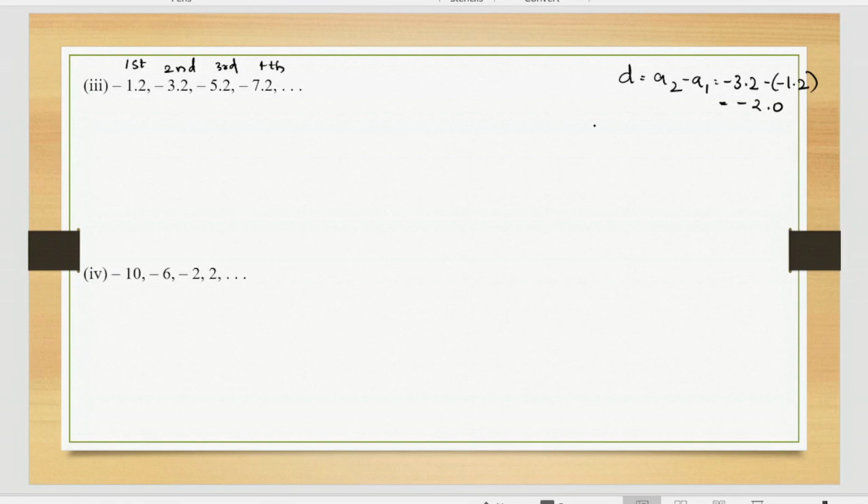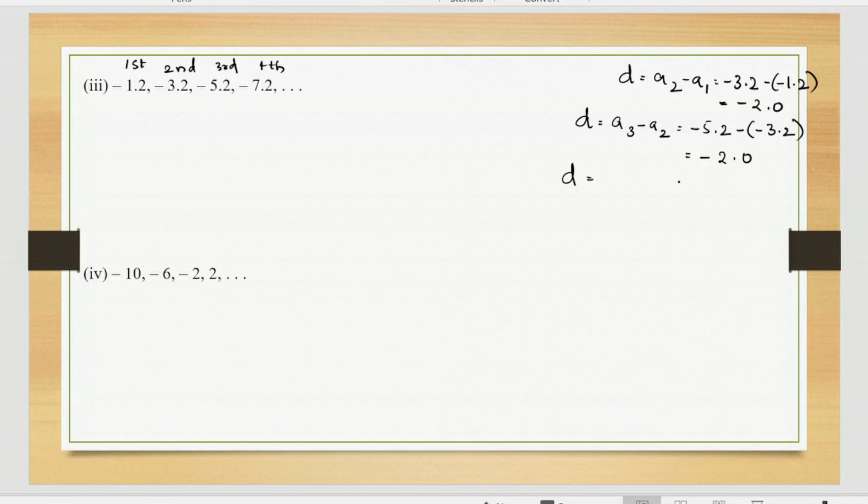Okay. And the common difference for the next two terms, which is A3 minus A2. A3 is minus 5.2 minus of minus 3.2. A2 is minus 3.2. Okay. Here you will get minus 5.2 minus of minus is plus 3.2. Okay. So you will get minus 2.0.